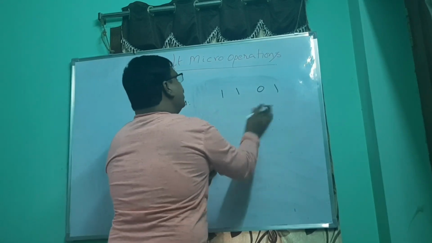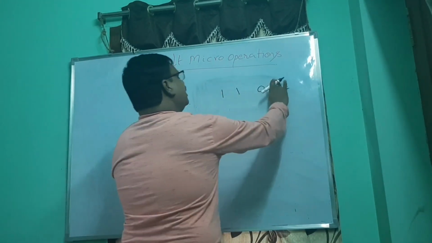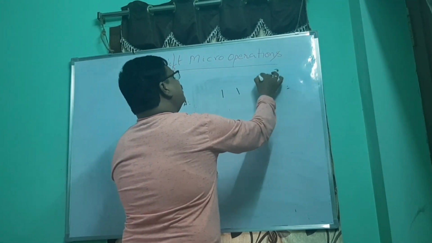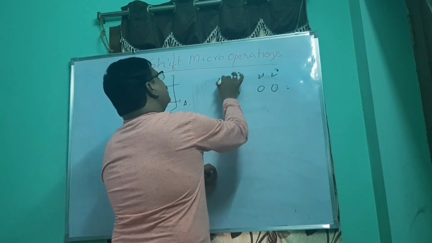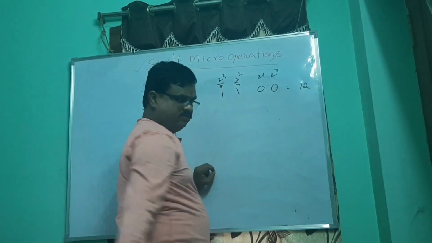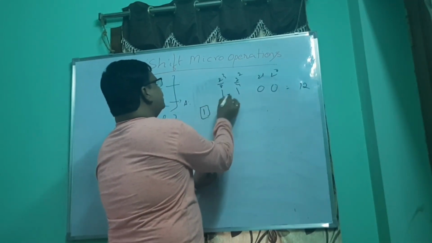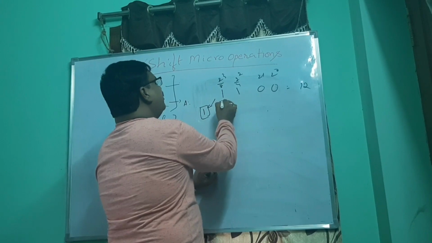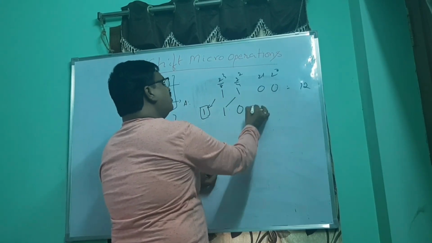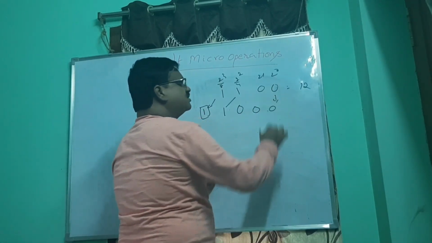What is the binary equivalent value? Let us assume 1, 1, 0, 0. What is the binary equivalent value? 2 power 0, 2 power 1, 2 power 2, 2 power 3. It is 8, it is 4. If you shift in this direction, this one comes to here, and this 1, 0, 0, and in this place the same number is copied.